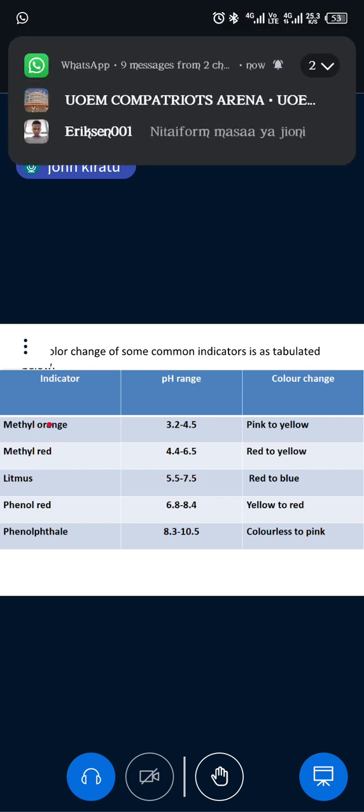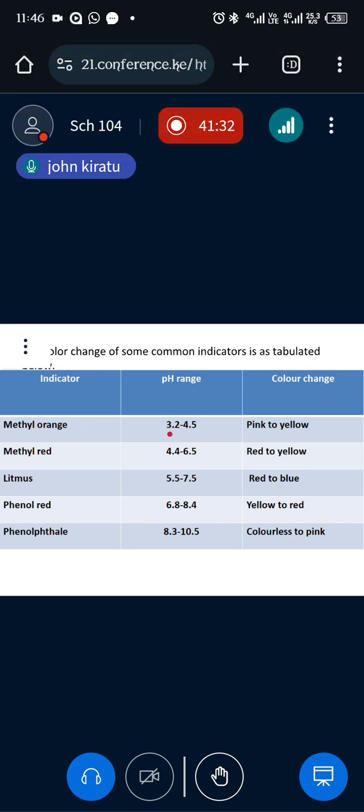For instance, methyl orange changes color between the pH of 3.2 to 4.5. Remember we had the knowledge that when you react different acids and bases, the equivalence point is different. So actually that's what dictates how we choose the indicator.